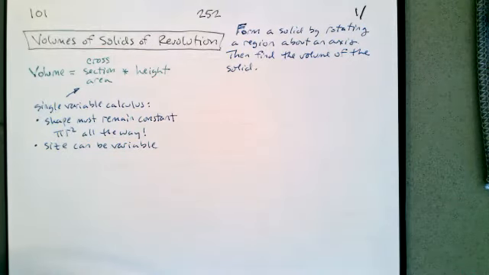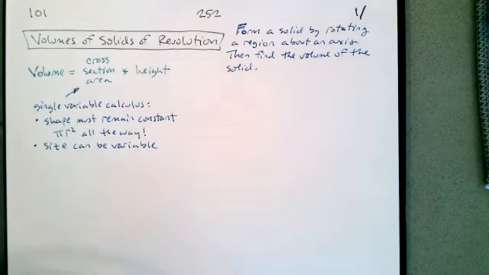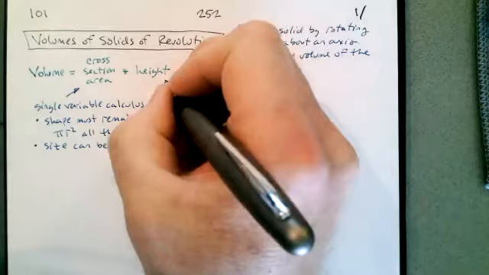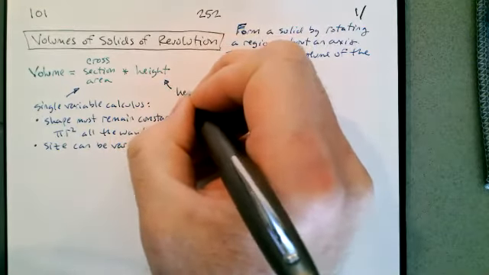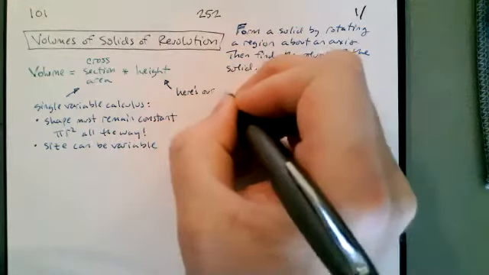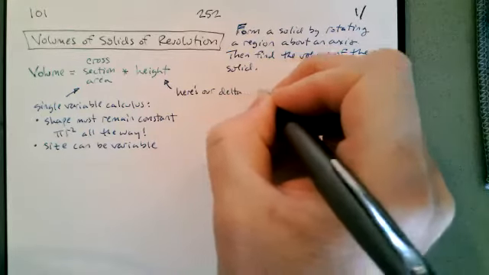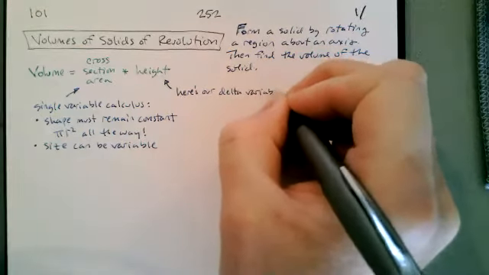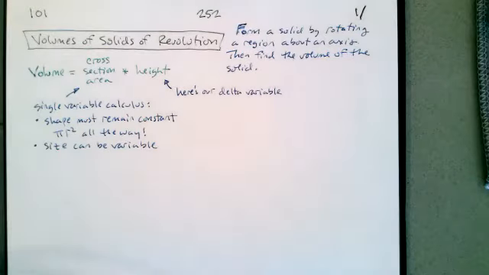The shape has to remain constant, but the size can be variable. The height is going to be our delta variable. So that's what we have to write. Whatever the cross-sectional area is has to be in terms of the delta variable. So that's where things get squishy.